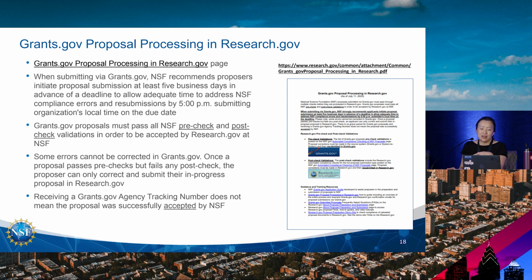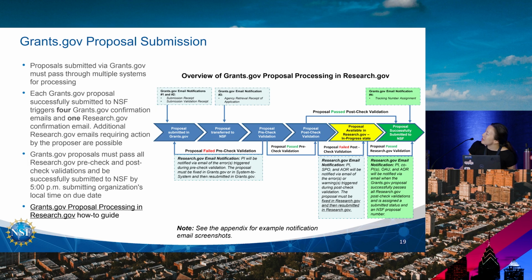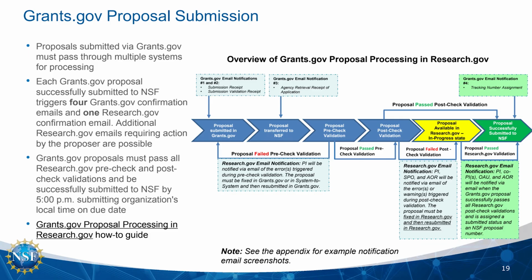We have put these links on Research.gov to give you very clear understanding of what journey that proposal goes through, so there's no questions about what to expect. And that's more on the next slide. So the next slide here, again, very small font, but I just want to show you this graph. The proposal goes into Grants.gov.